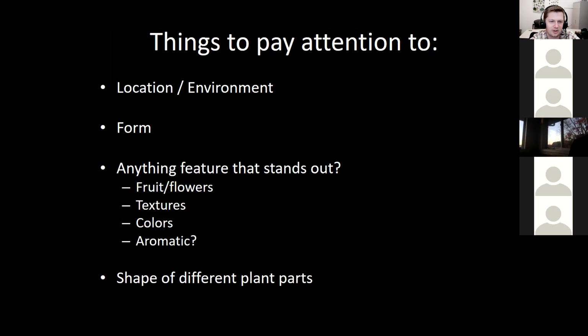After a while, you'll start building up a database in your head of what you've seen and what things look like. Sometimes you'll see something that's really off, but a lot of times plants have a specific biology to grow a certain way. And something else is, are there any odd features that really stand out? If you can find the fruit or the flower, big, really big.